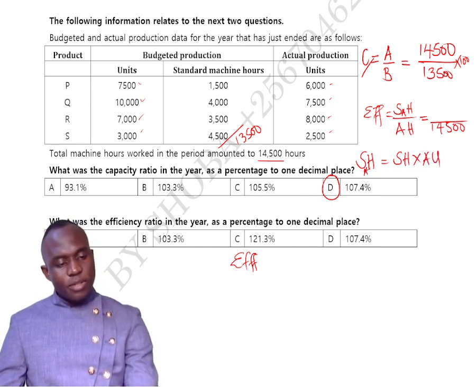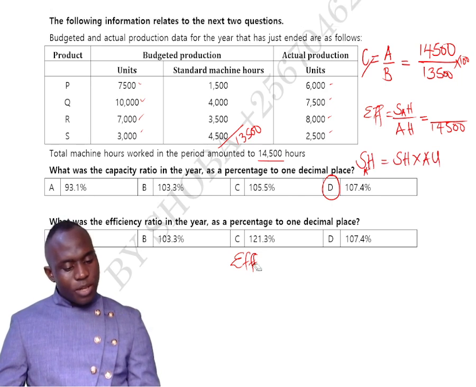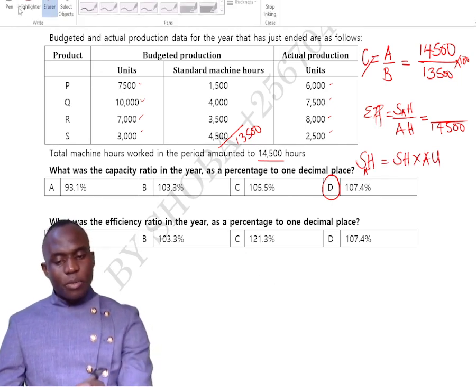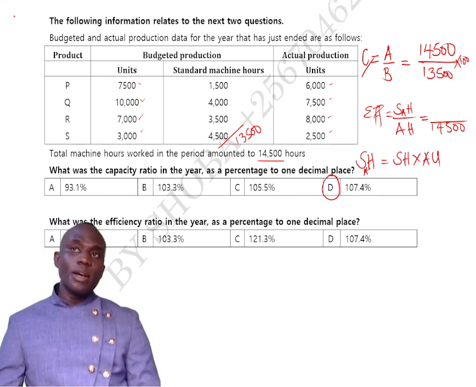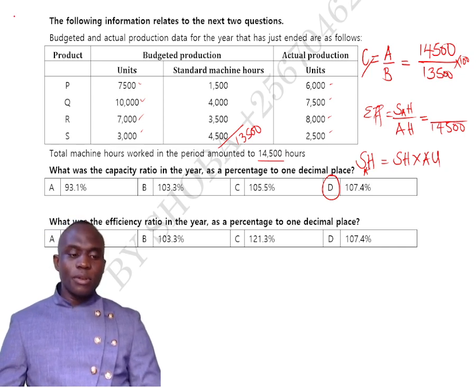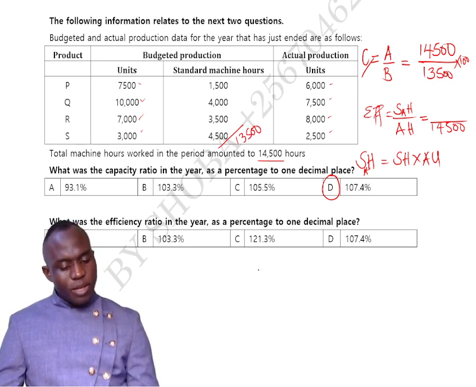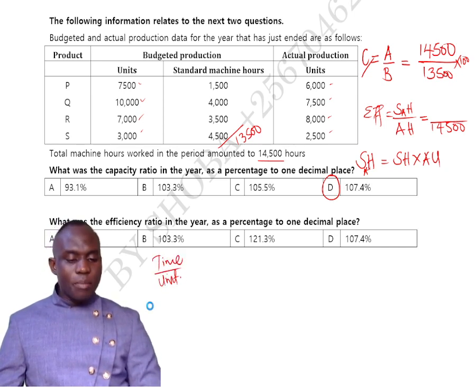Now the trick is they have not given you the standard time per unit. But what is standard time per unit? It is the budgeted time per unit. And how do we get budgeted? You see it is time or hours per unit. So how do we get the time per unit? It will be budgeted hours divided by budgeted units.